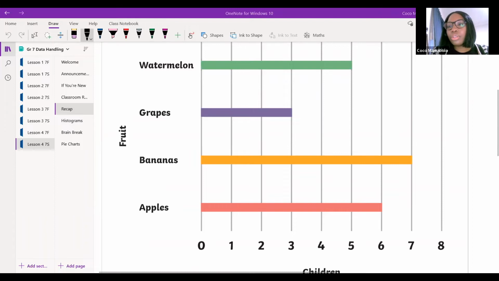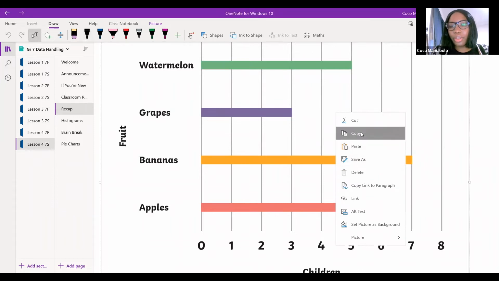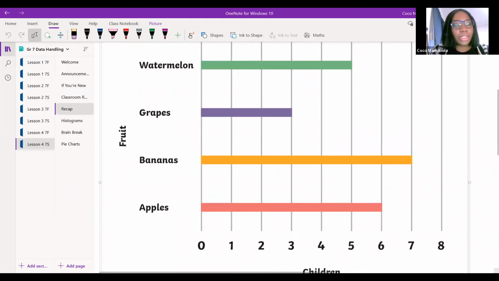Let me see if I can chop off the top and the bottom so that it's a little bit easier for us to see. No worries, Saisha. Nice to have you. I want you guys to have a look at all the information on this bar graph.